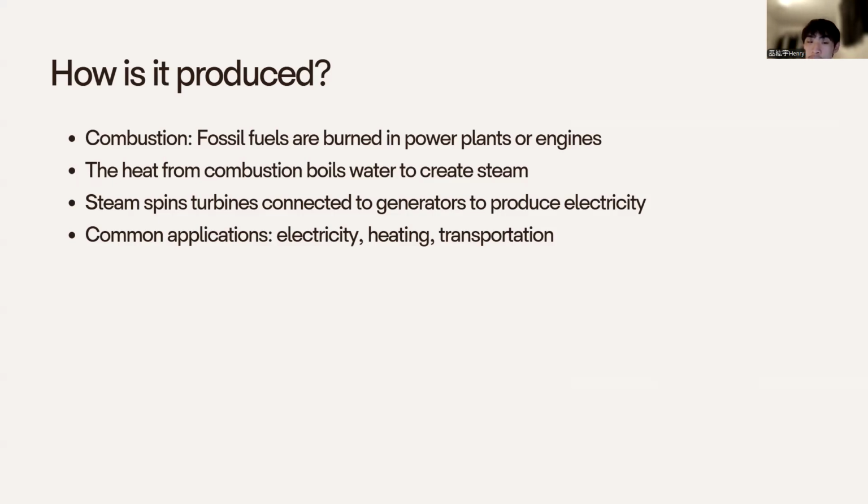That steam turns turbines, and then the turbines spin generators to produce electricity. It's a chain of energy conversions. It is used widely in electricity generation, heating, and also transportation.